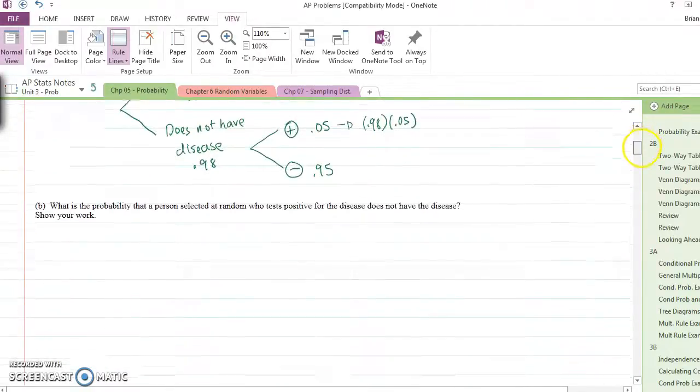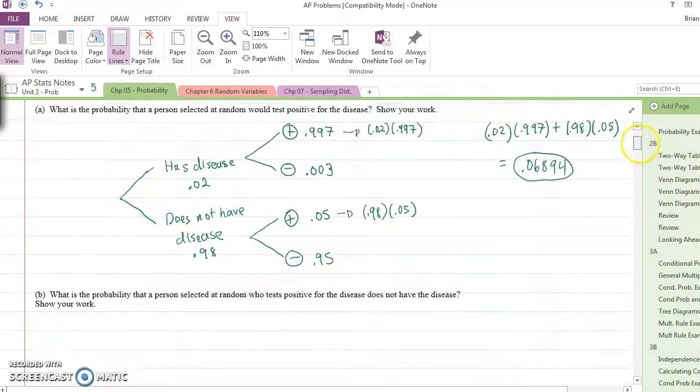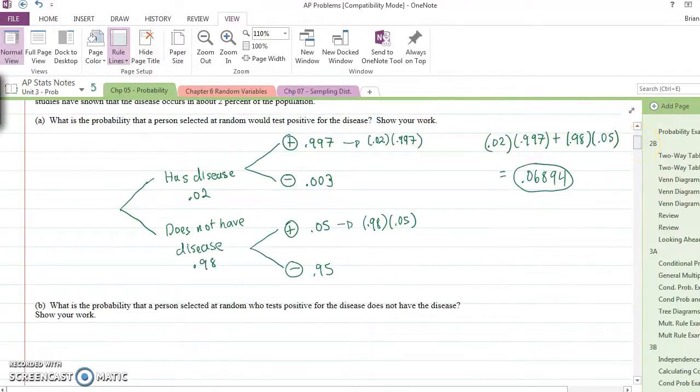So part B, what is the probability that a person selected at random who tests positive for the disease does not have the disease? Okay, so tests positive but does not have. Normally I don't use the formula, but some of you may need it.